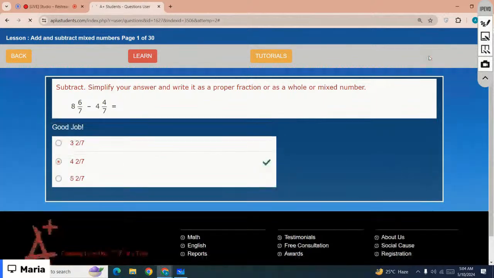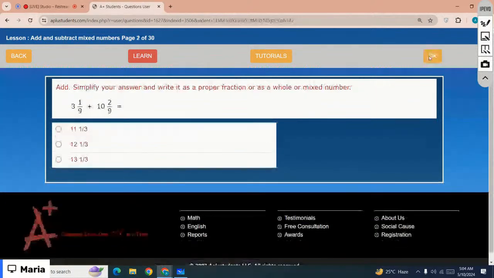Okay, the next one is 3 whole 1 by 9 plus 10 whole 2 by 9. So which is the correct option?